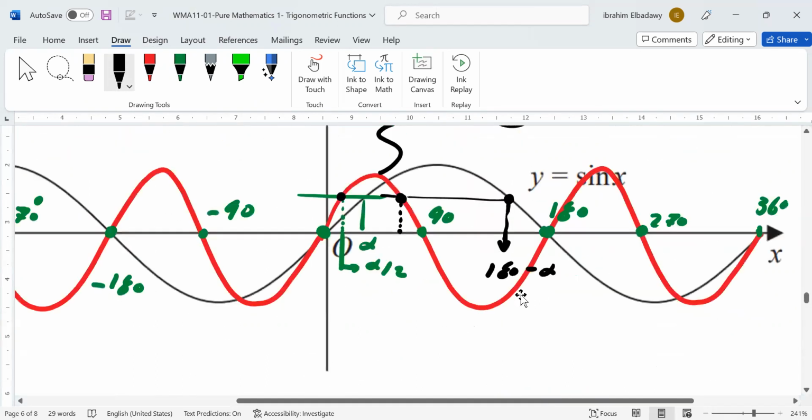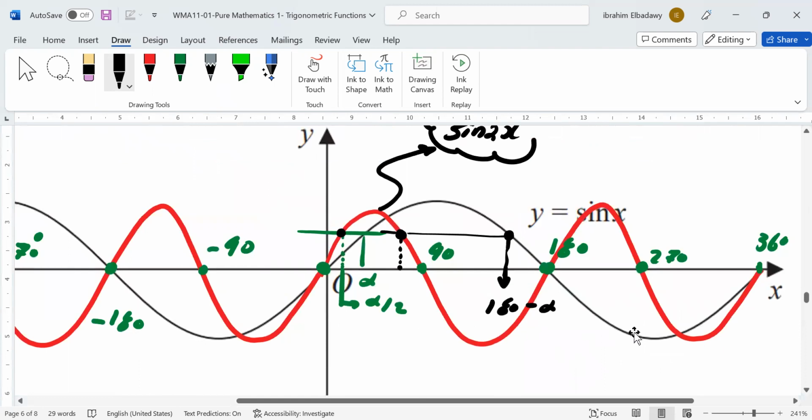Actually, you have to compare between the black line and the red line. For this reason, he asked you to sketch it on the same diagram to make sure you understand the difference between them. The black line is identical to the red line, but same scale divided by 2. Anything you get in black, you have to divide by 2 to be in red.